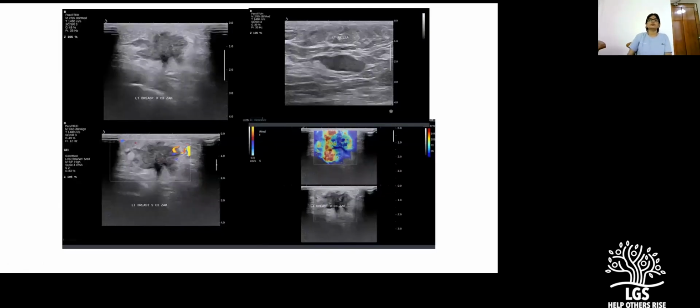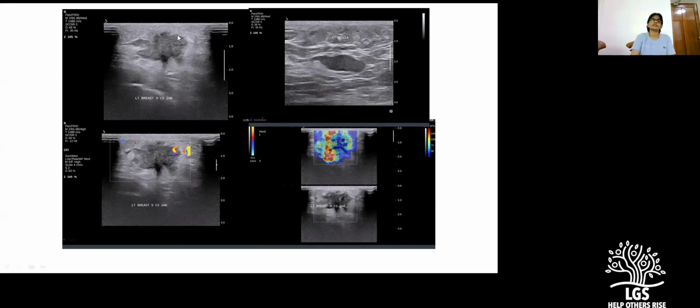So this is how the left lesion looked on ultrasound. There again you see a lot of irregularity, angular margin. Remember, if you see angles like this on an ultrasound, it's almost always indicative of a malignancy.